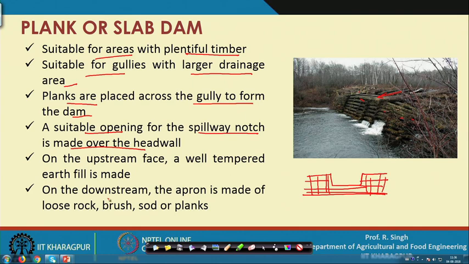On the upstream face, a well tempered earth fill is made so that flow comes smoothly, and on the downstream side an apron is made for loose material. So, almost in all cases we have to see that there is some kind of approach for the flow, and there is an apron, that is a must.